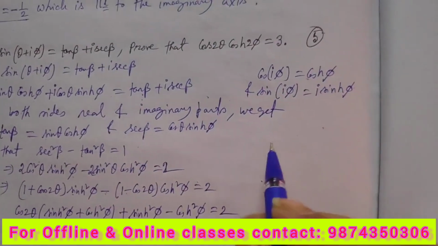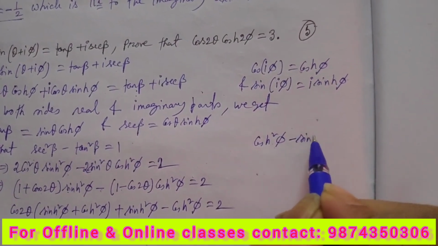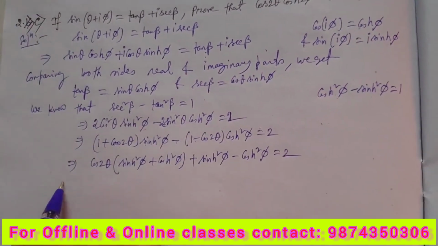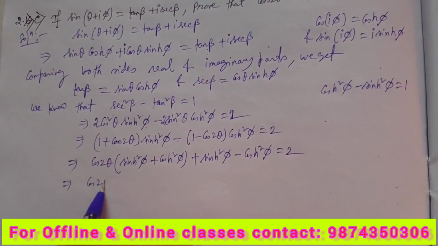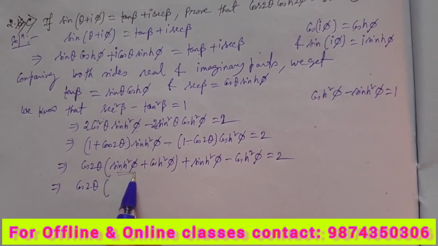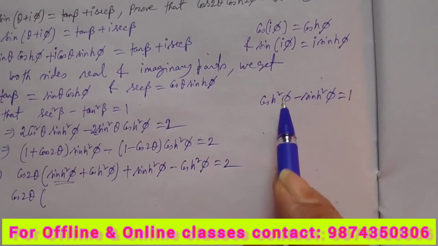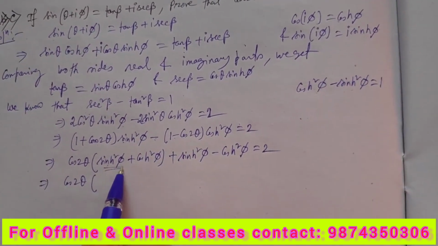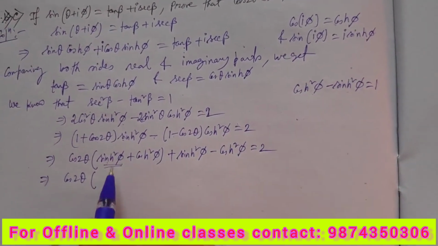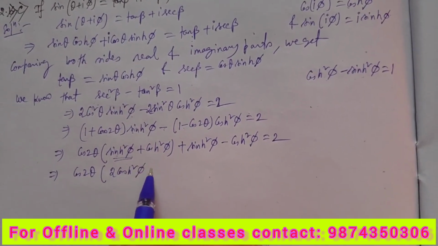Now we know that cosh square phi minus sinh square phi is equal to 1. So this implies cos 2 theta into, what is sinh square phi? Sinh square phi is cosh square phi minus 1.